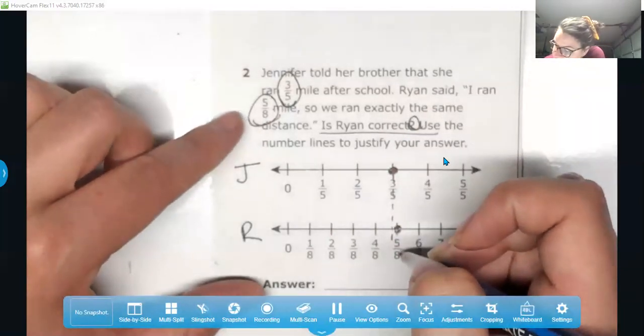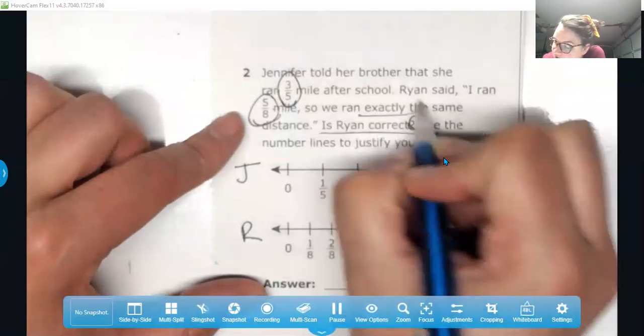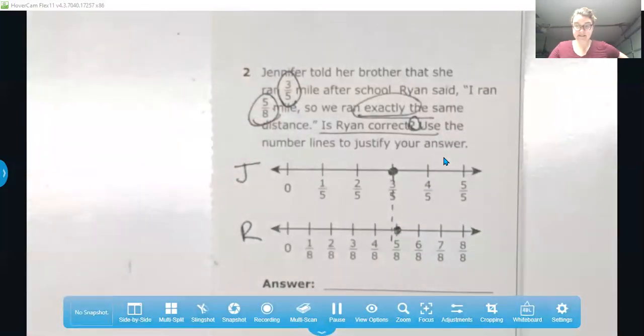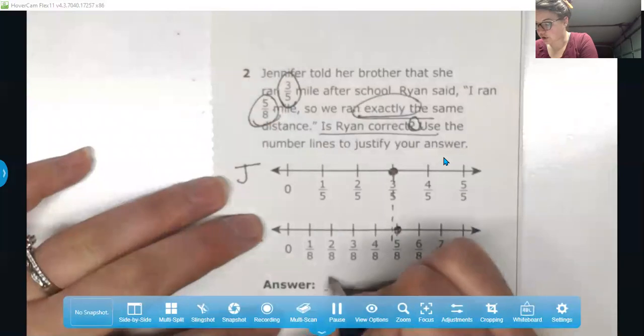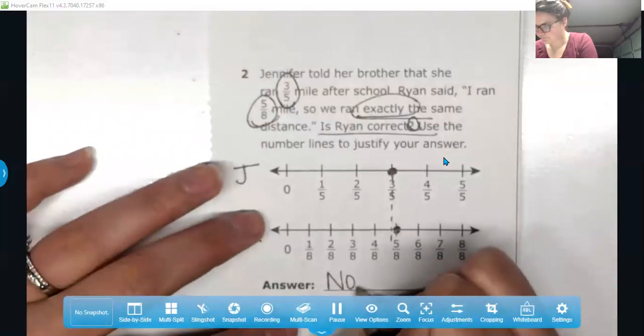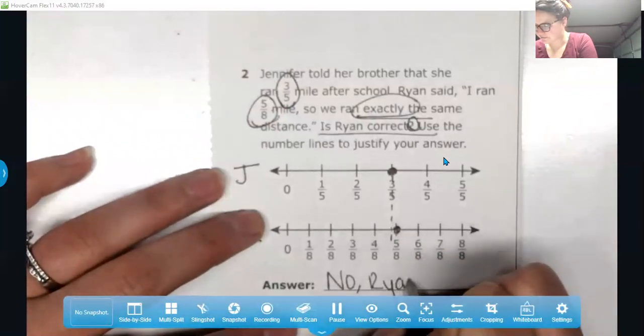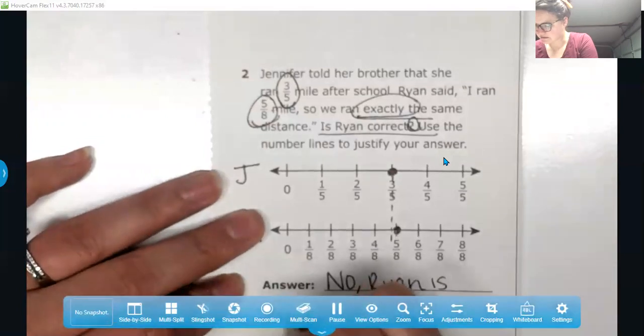That means that they did not run exactly the same distance, but darn were they close. So no, Ryan is not correct.